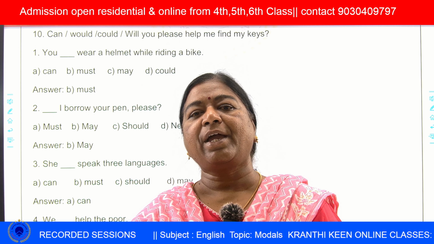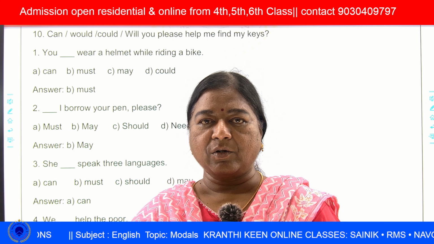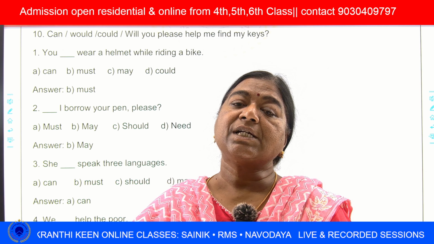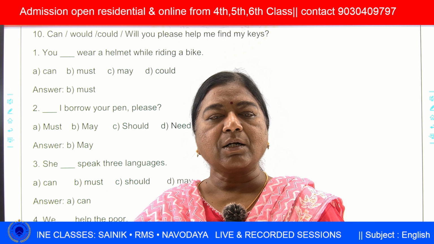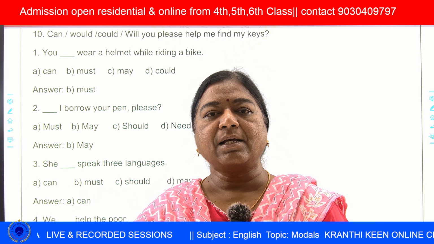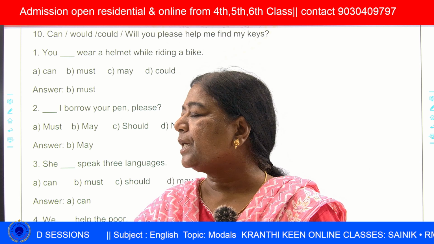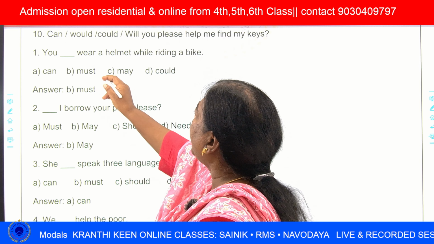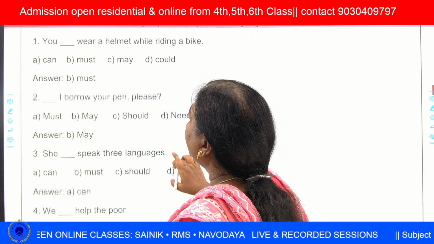Because it is your head. You need to protect your head. We have to follow the traffic rules and the safety rules. It is for our good, and it keeps us in our own interest. That's why they ask us to follow this. So you must wear a helmet while riding a bike.